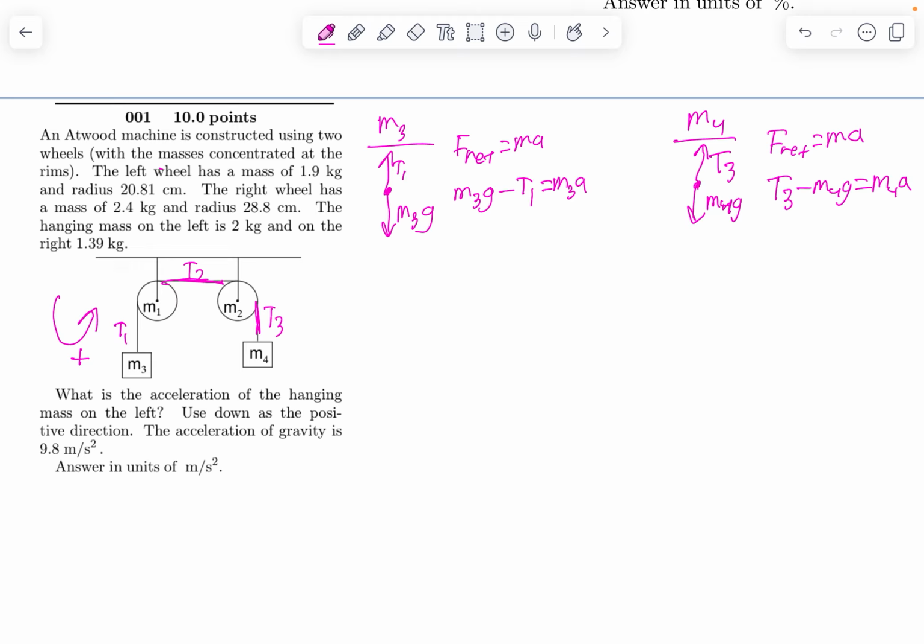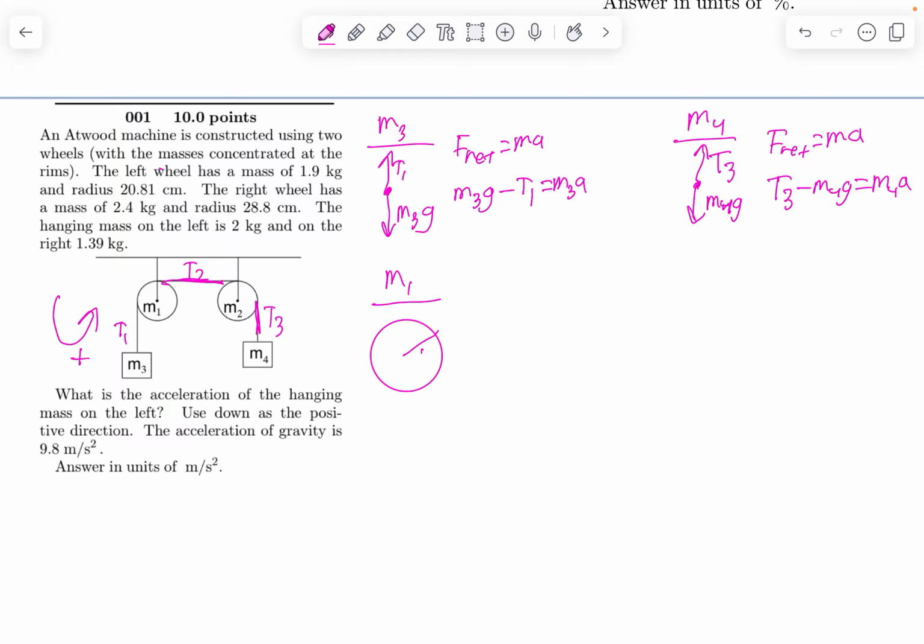But now we will have to do something similar for the pulleys. Instead of a net force equation, we'll do a net torque equation, because the pulleys will spin and won't actually move in a straight line. So for M1, it'll look like this. There's my M1.